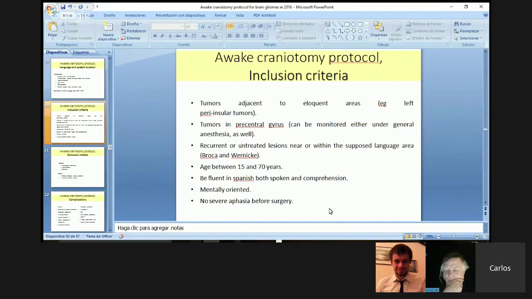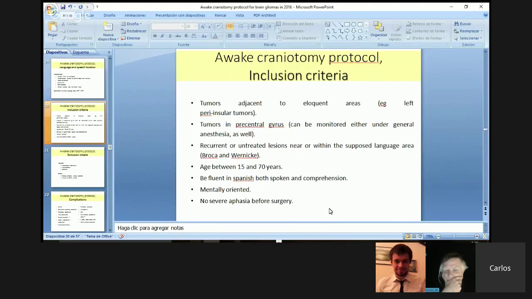One: tumors adjacent to eloquent areas, for example, left insular tumors. Tumors in the precentral gyrus can be monitored under general anesthesia as well. Recurrent or untreated lesions near or within the supposed language areas, such as Broca or Wernicke areas.